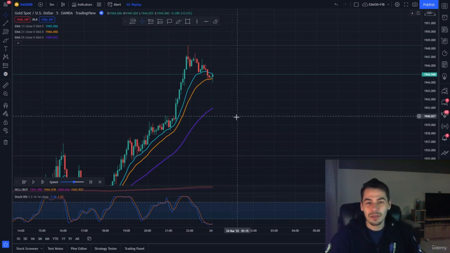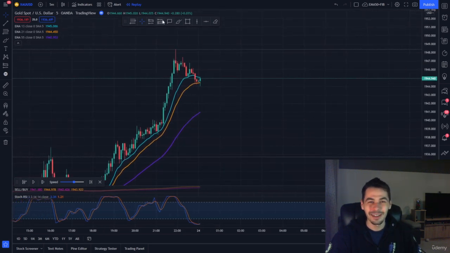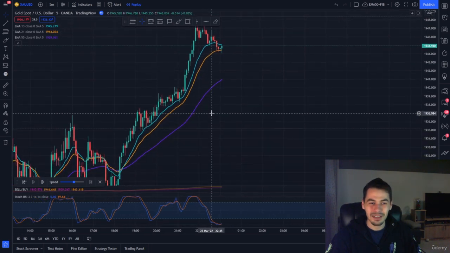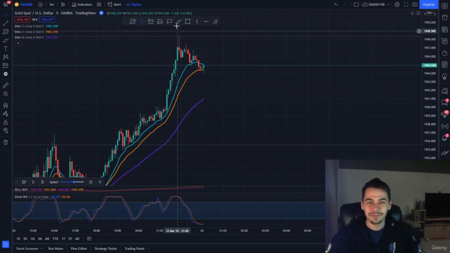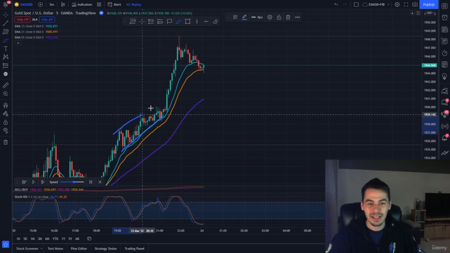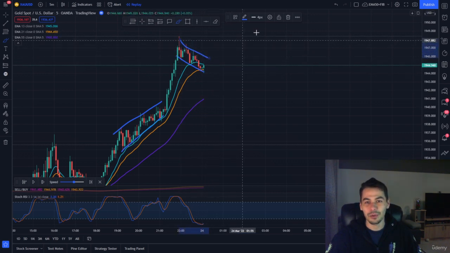Okay, so this was quite an obvious example, but I wanted to make a point. Yeah, this is a clear buy right here because as you can see, the market is trending quite strongly. We had this impulse followed by a nice ascending channel that got broken to the upside, and we are having a sort of a bull flag formation right here.